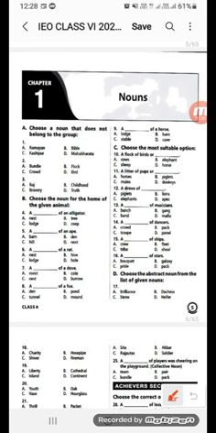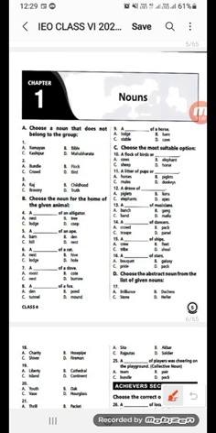Now, exercise B. Choose the noun for the home of the given animal. One sentence has been written. We have to read for which animal we have to pick the correct home. In number 4, a dash of an alligator. Here we have to find out the home of an alligator.